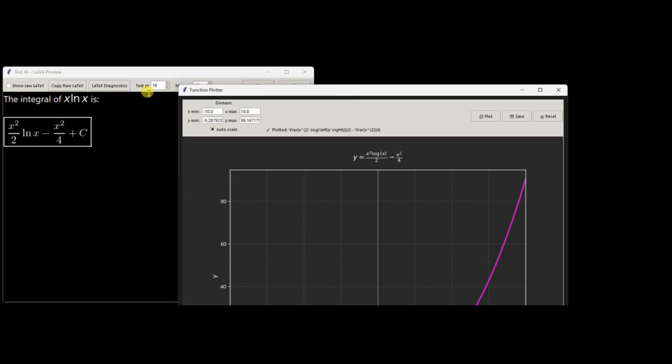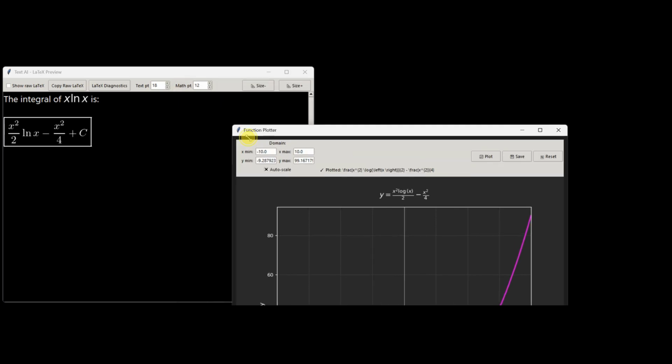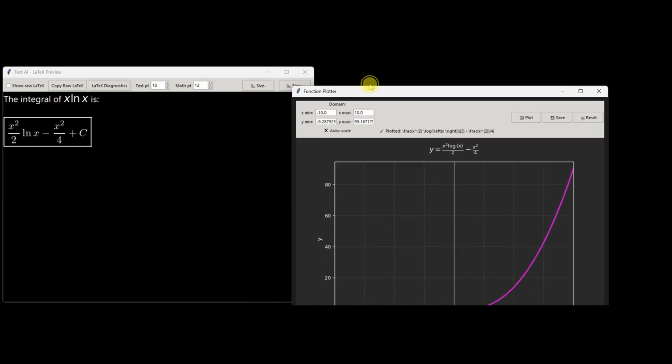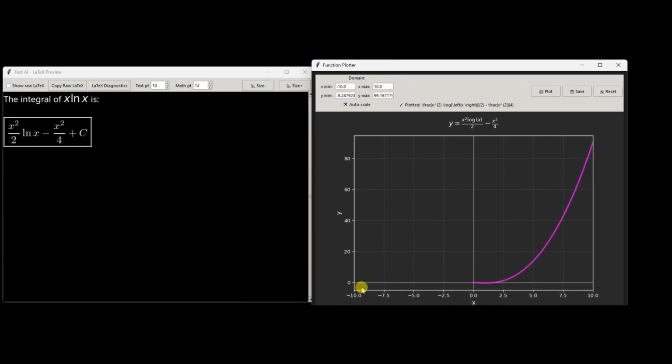Plotting the function. It only takes time here because I've got to squeeze it down so you can see it in my captured area on the screen. There it is. And there's the graph. So that's how we can solve basic mathematical problems.